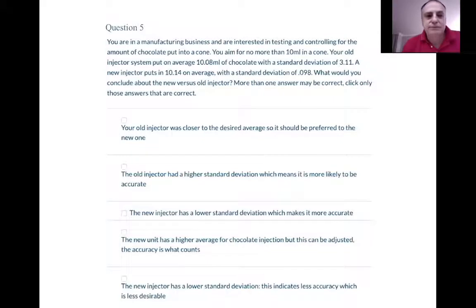Question 5, you are in a manufacturing business and are interested in testing and controlling the amount of chocolate put into a cone. You can read through that whole question, but one machine gives you an average of 10.08, with a standard deviation of 3.1.